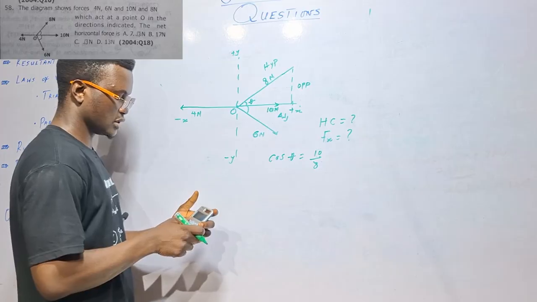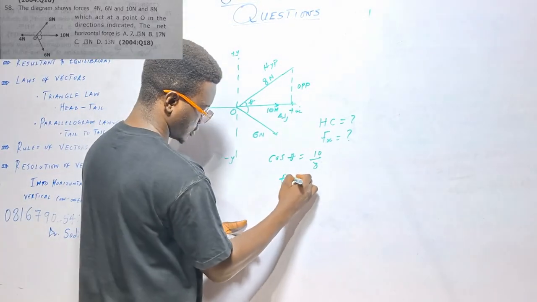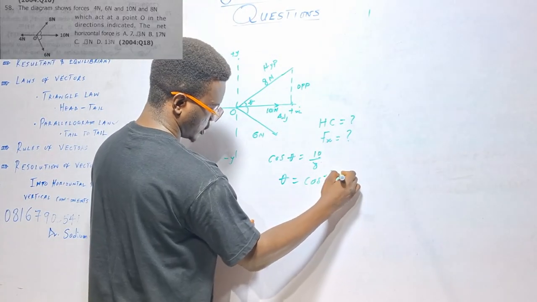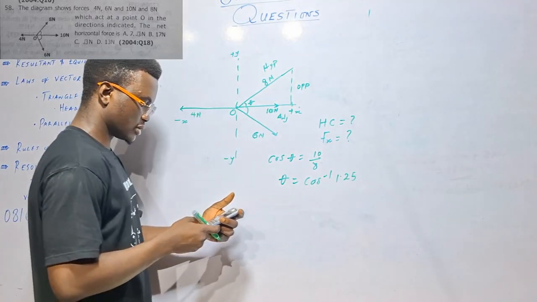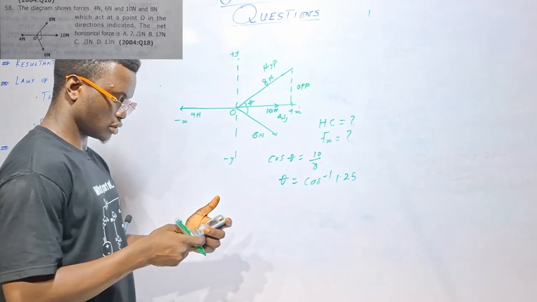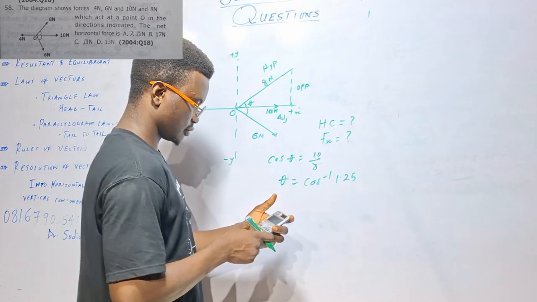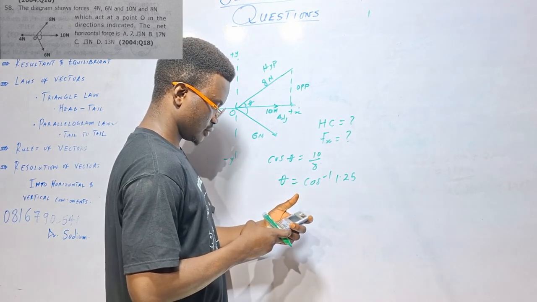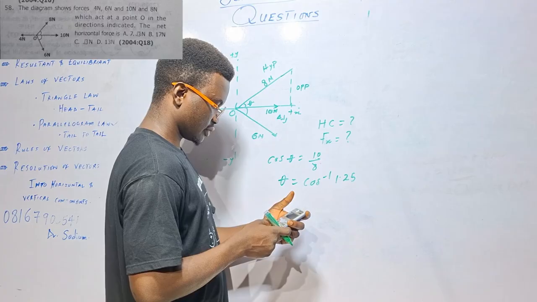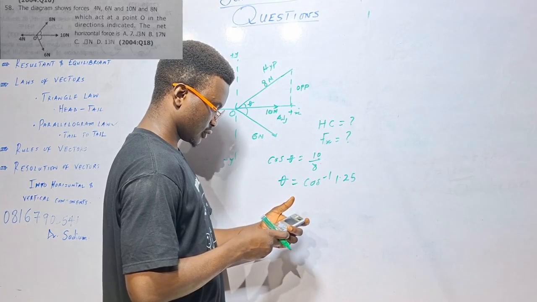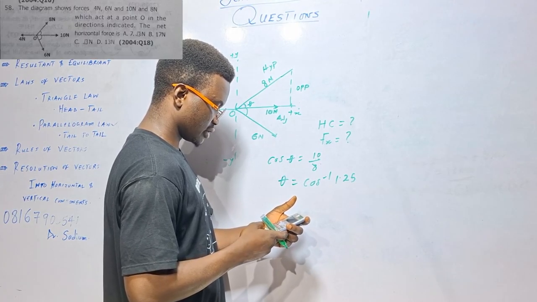So I can now say theta is equal to shift cos 1.25. But that's going to be wrong.